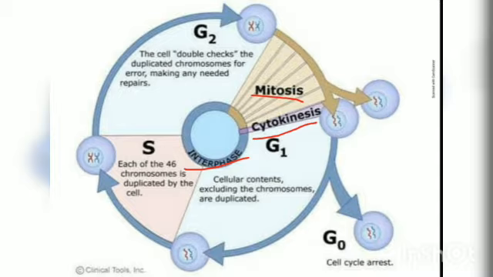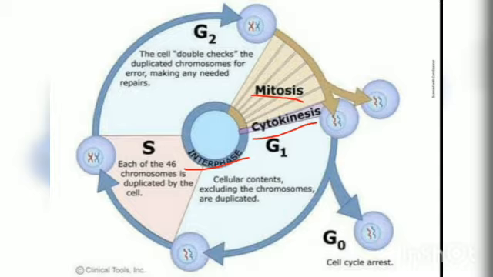These all occur one after another in a cyclic manner. During mitosis, the nuclear content of the cell divides. During cytokinesis, the cytoplasmic content of the cell divides.